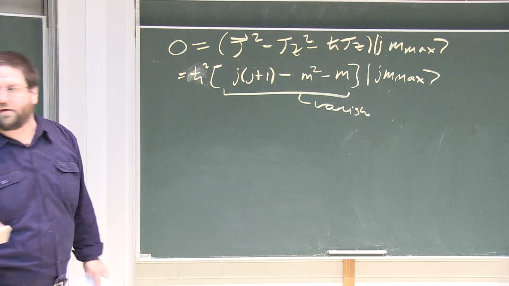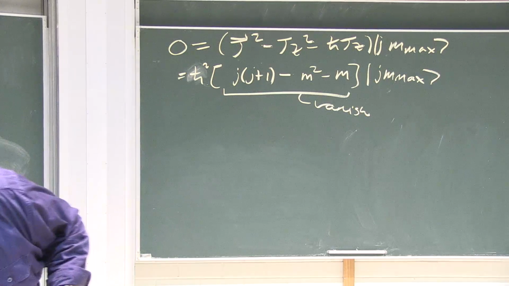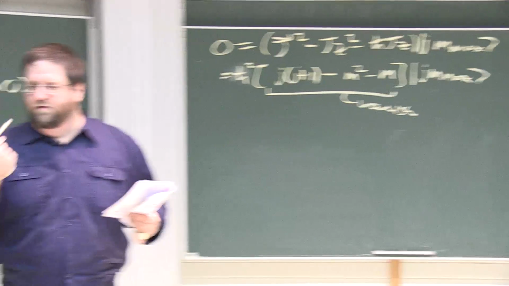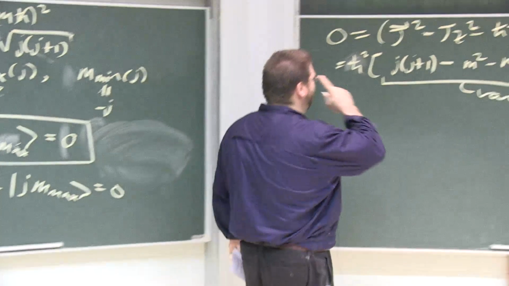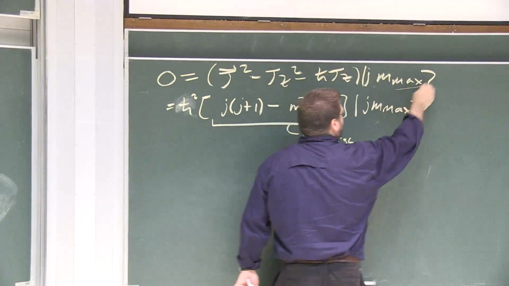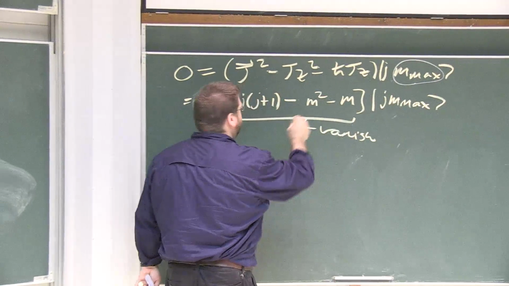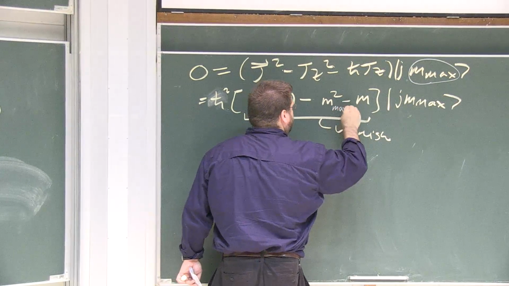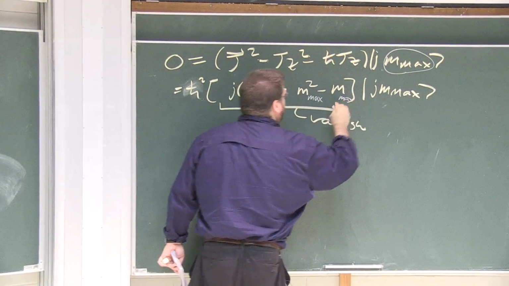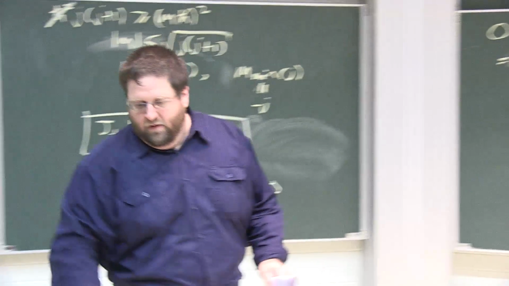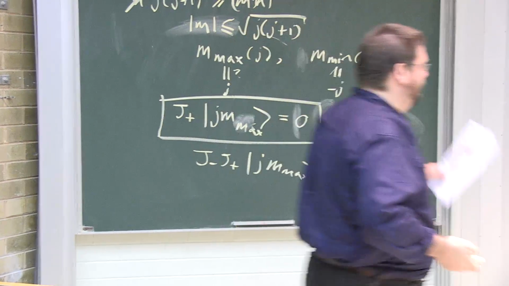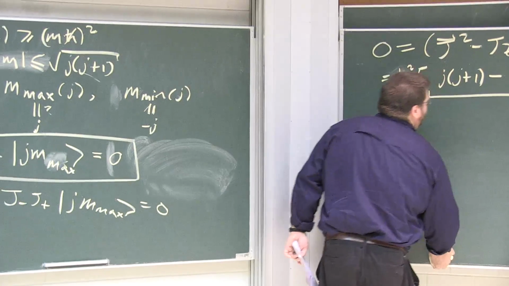I've made one small mistake, which is to pick up a bit of chalk that's cardboard. m here is not any old m, it's m max. So this m needs a max subscript. So when we demand that what's in square brackets vanishes, we'll get a quadratic, and you can solve that quadratic using the quadratic formula.